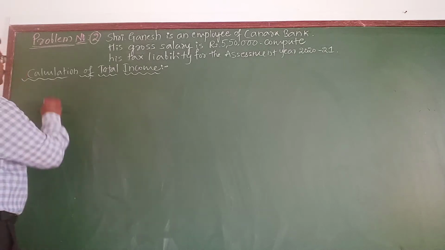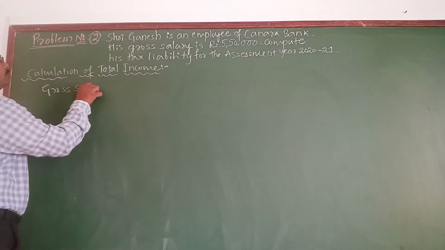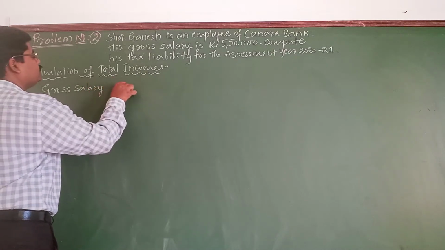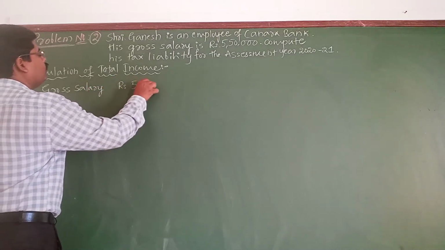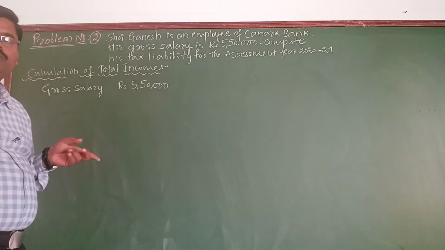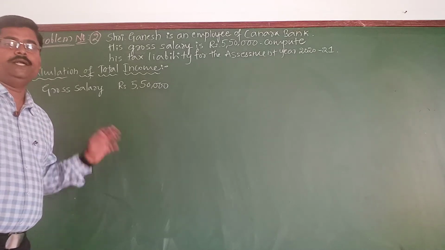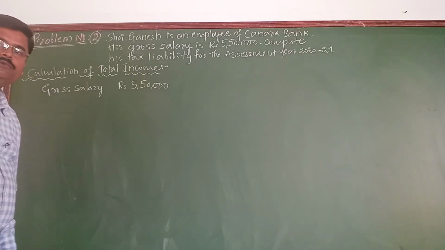Calculation of total income. First, what I will take? Gross salary. That is rupees 5,50,000. So this is before showing the deduction of standard deduction.